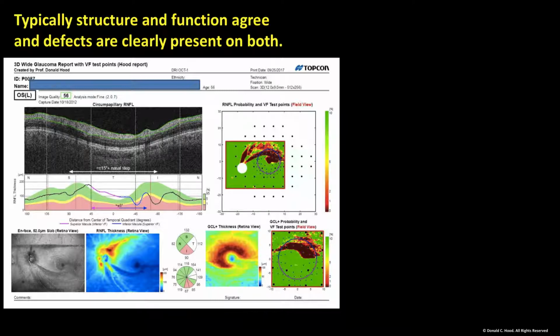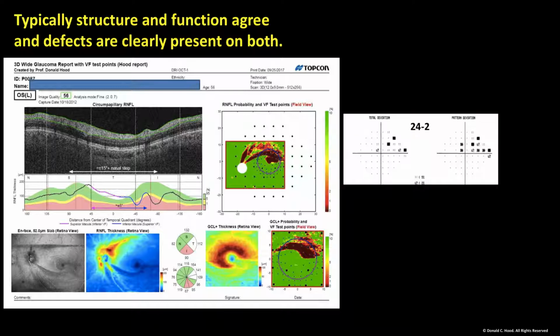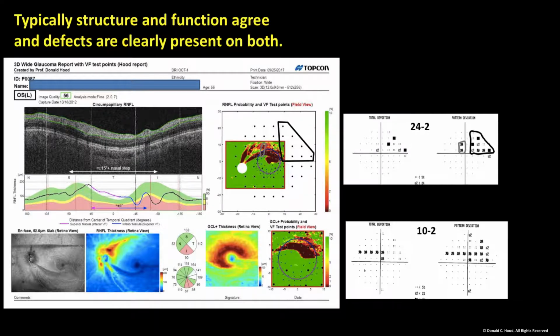So here's a very common example where you've got fairly extensive damage here. It shows up on the visual field as relatively early glaucoma. But let's circle the points. Those points correspond to there, those points to there. All right, well, that looks like reasonable agreement. It's even better if you look at the 10-2. If we circle these points on the pattern deviation here and circle the same points here, you can see the beautiful match. We can do this instead if you want.